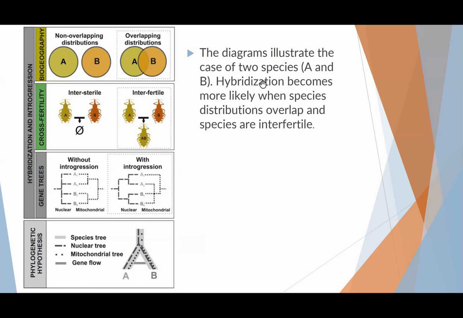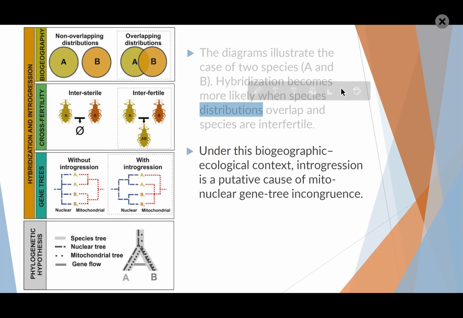The diagrams illustrate the case of two species, A and B. Hybridization becomes more likely when species distributions overlap and species are interfertile. Under this biogeographic and ecological context, introgression is a plausible cause of mitonuclear gene tree incongruence.